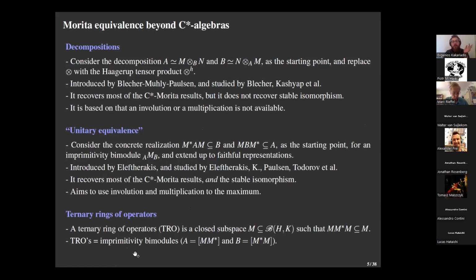The reason is that I'm going to move beyond having C-star algebras A and B. I'm not going to start with C-star algebras A and B. I'm going to start with a closed space M that satisfies M star M is inside M. If this is concrete, then you can see that M star M produces an algebra and gives a nice product taking values in M star M, and that makes it a Hilbert module. I'm going to refer to that as a ternary ring of operators, a TRO.